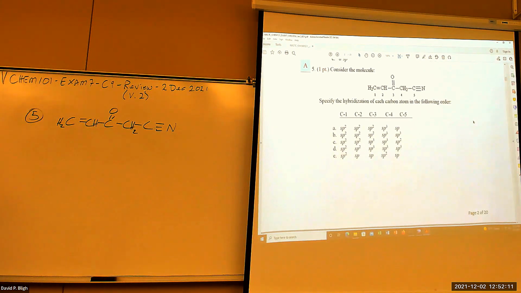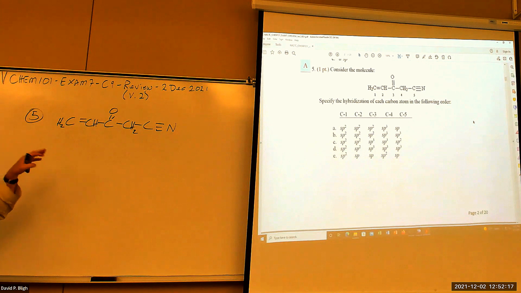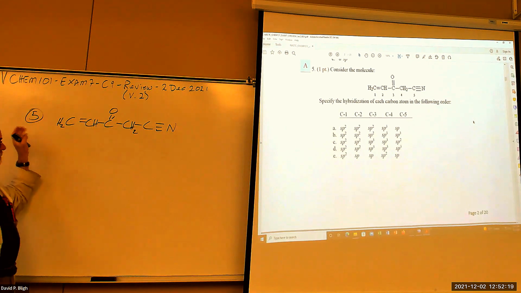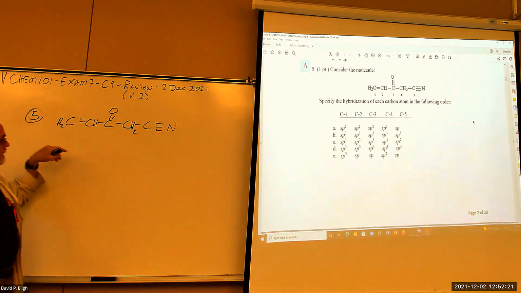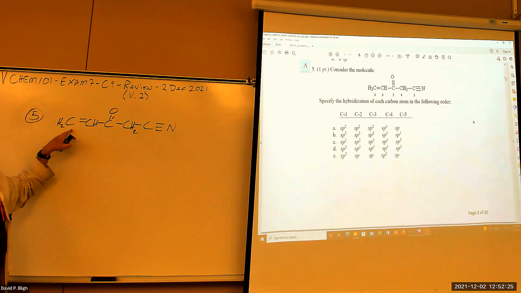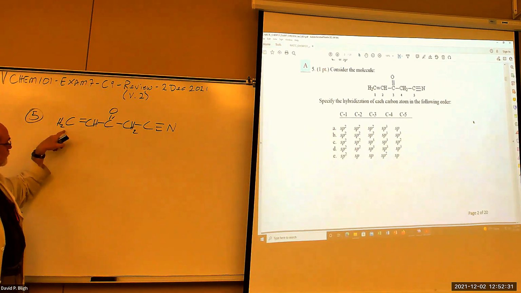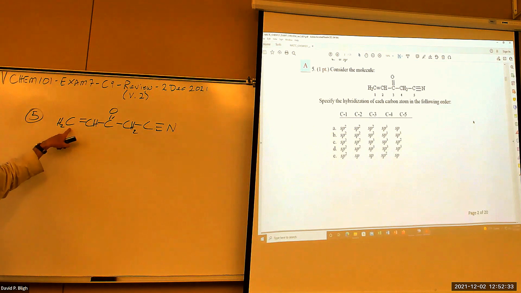Okay, I might remind you that this is an organic molecule. And the convention for writing organics in this type of structure is that when you write hydrogens next to a carbon, they're only bound to the carbon right here. So that's bound to this carbon. Those two are bound to this carbon. Those two are bound to this carbon.